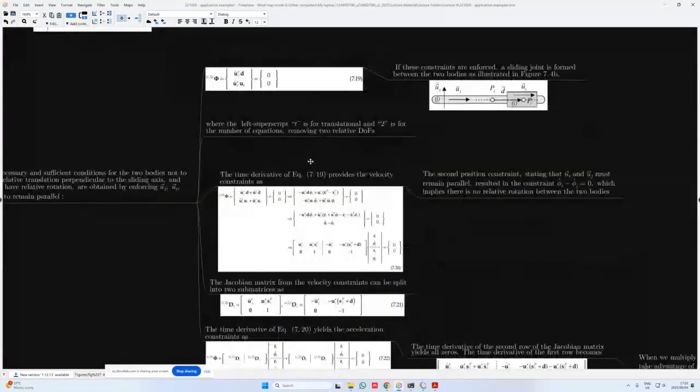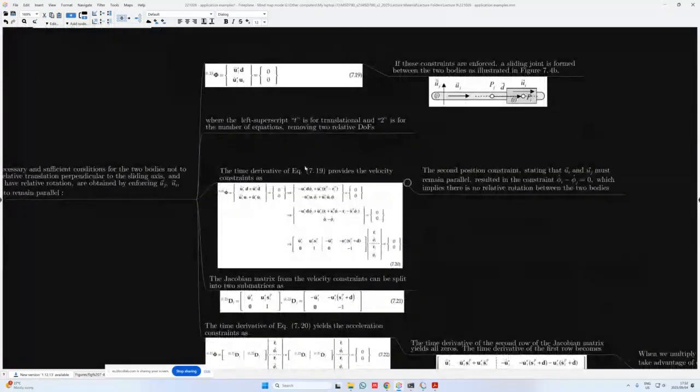Okay, now with that being said, we can also just have a quick look at the time derivatives. Once again, this is handled from a computational perspective. You will not be expected to remember these equations and have to write or derive them by hand. These are all done within a numerical environment. But we can now find the time derivative of equation 719, which provides the velocity constraint.